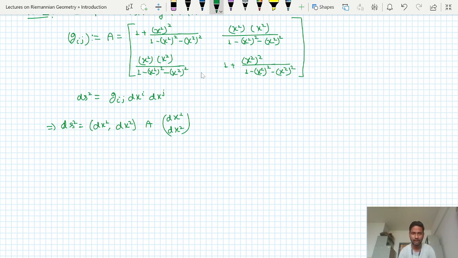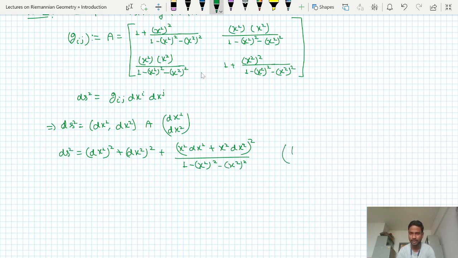Ultimately, after calculating, you will get ds squared equals dx1 squared plus dx2 squared plus (x1 dx1 plus x2 dx2) whole squared divided by 1 minus x1 square minus x2 square.